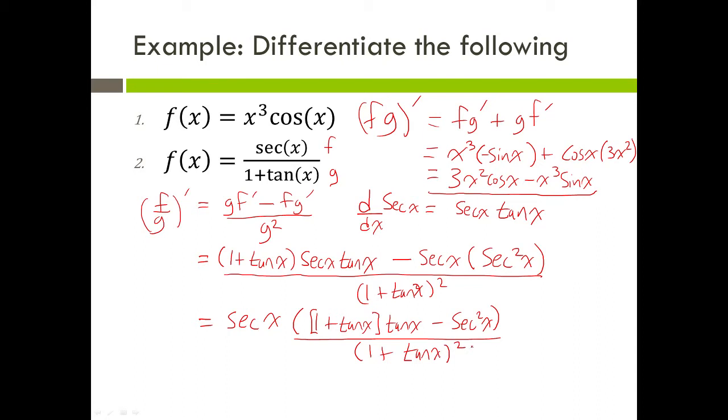Okay. And I guess we can leave it as is for now. There's really no reason to do anything else to it. We probably could simplify it a little bit more, but that's just an exercise in algebra, which we don't really need to do. Alright, and there you have it.